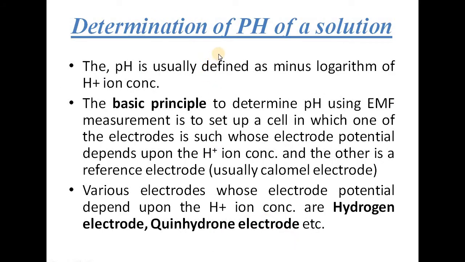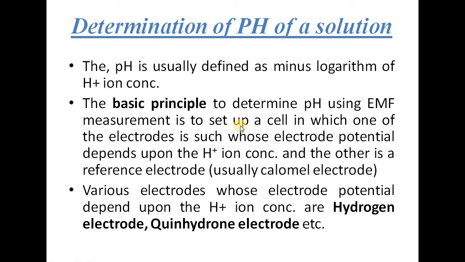Now the next and very important application of concentration cells is the determination of pH of a solution. The pH can be defined as minus logarithm of H+ ion concentration. Now what is the basic principle to determine pH using EMF measurement?